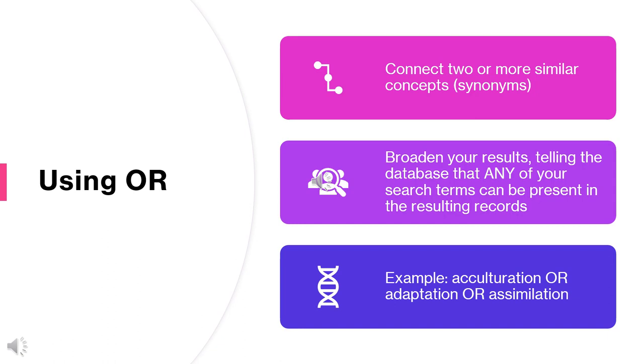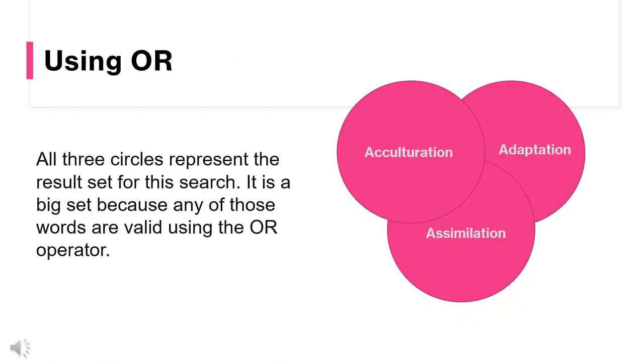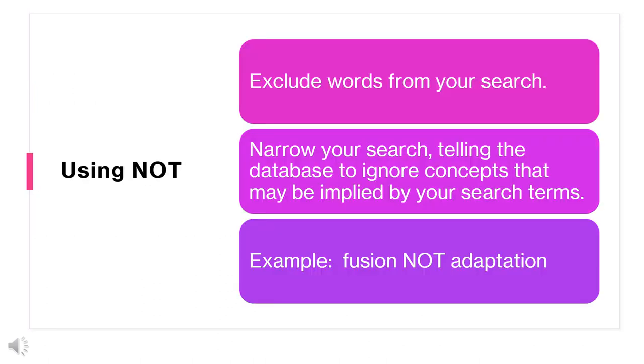For example, we type in acculturation OR adaptation OR assimilation. When using OR, all three circles represent the result set for this search. It is a big set because any of those words are valid using the OR operator.